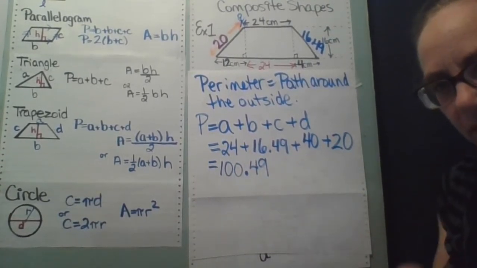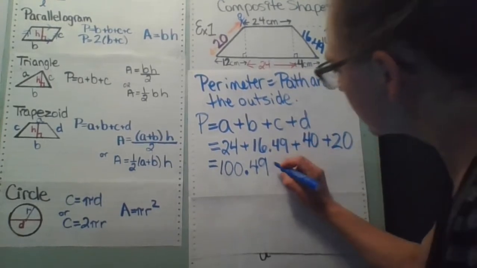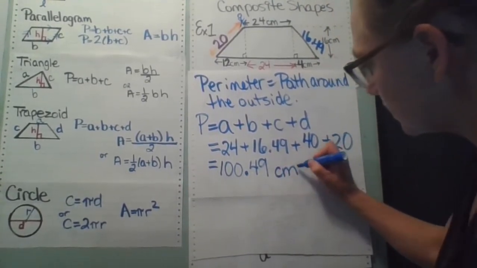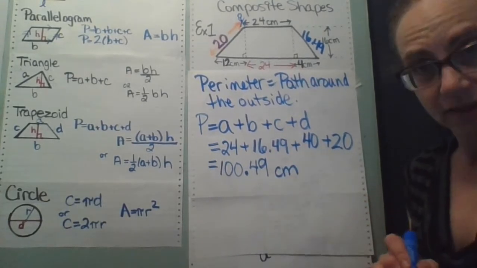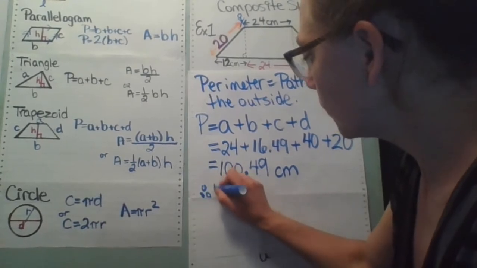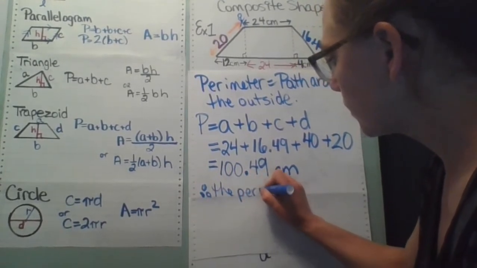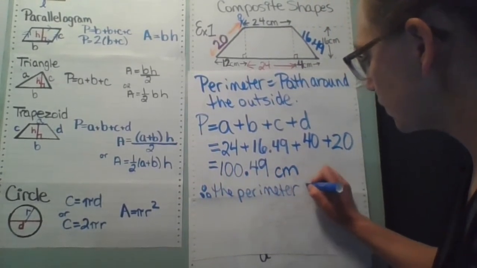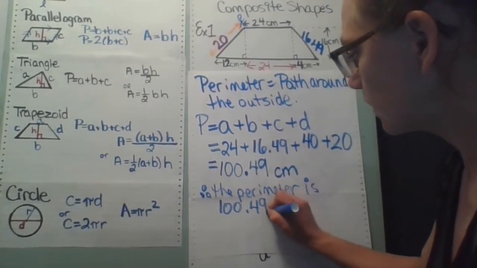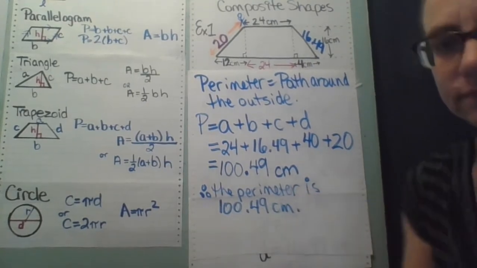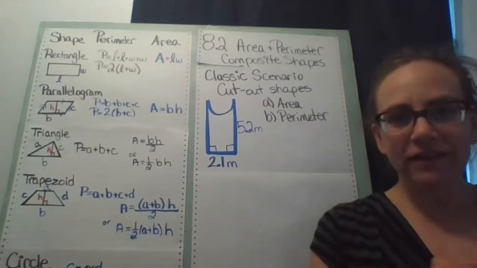And because it's perimeter, it's just a distance, so the units are as is, no exponent. And that's our perimeter. Therefore, the perimeter is 100.49 centimeters. Good stuff.